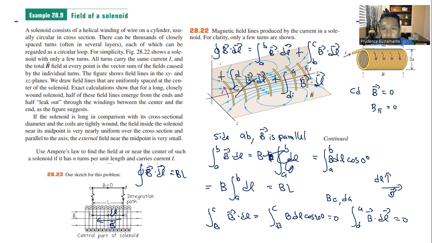So these are 0, 0, 0, and this one is equal to BL. So the closed integral is just equal to BL.